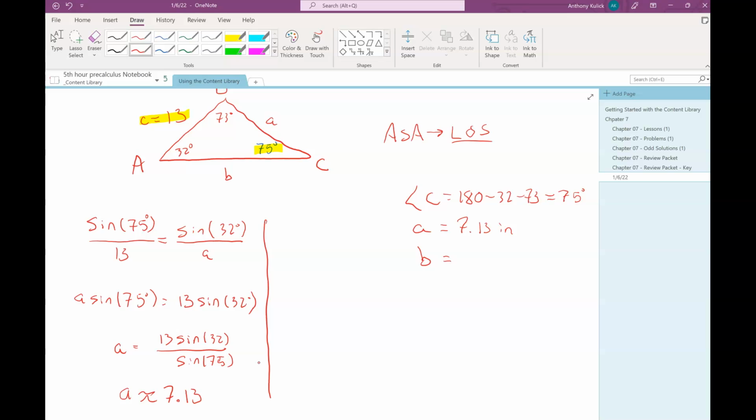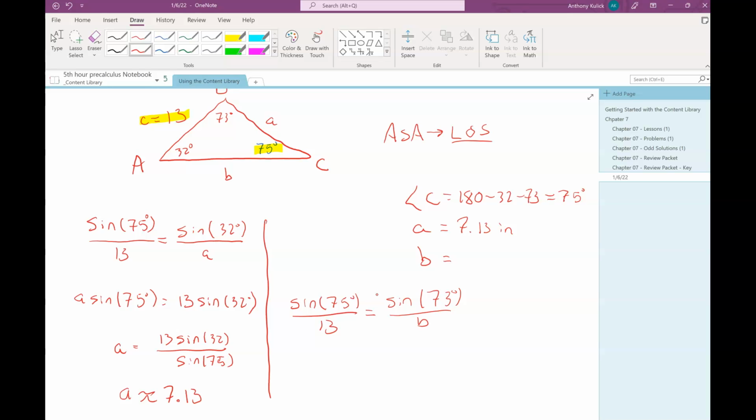I'm just going to use the law of sines again. I'm just going to do sine C over C equals sine B over B. Everybody okay with that?